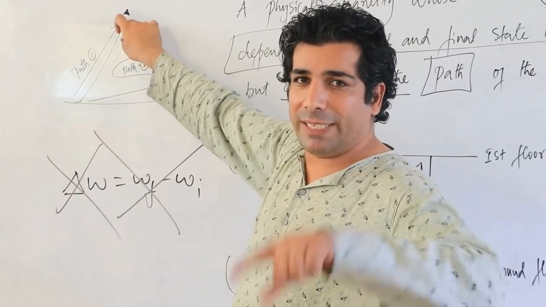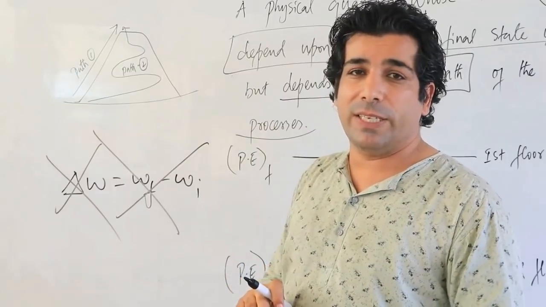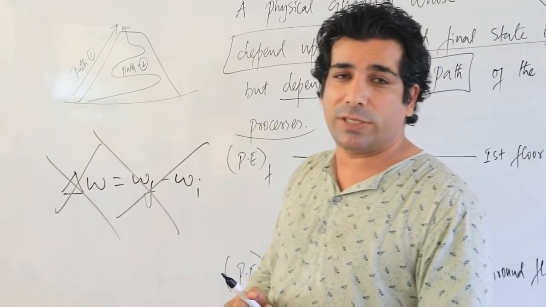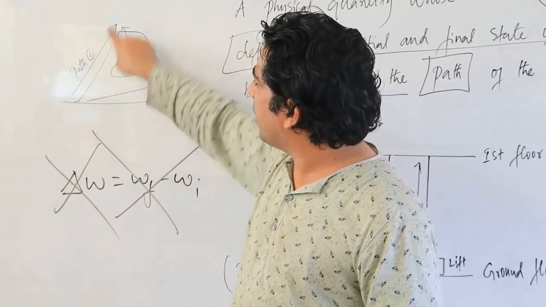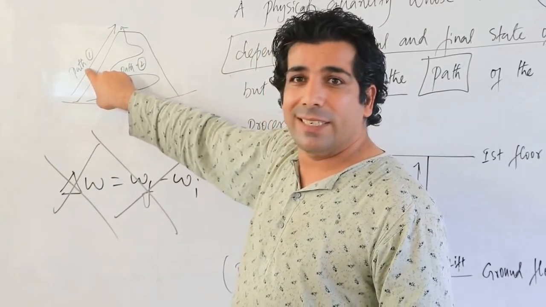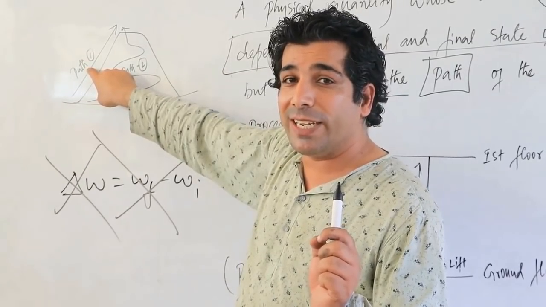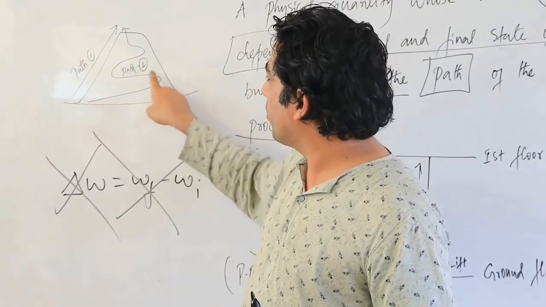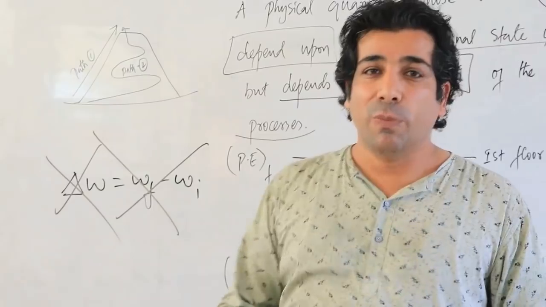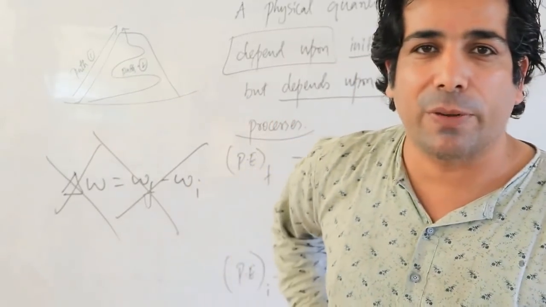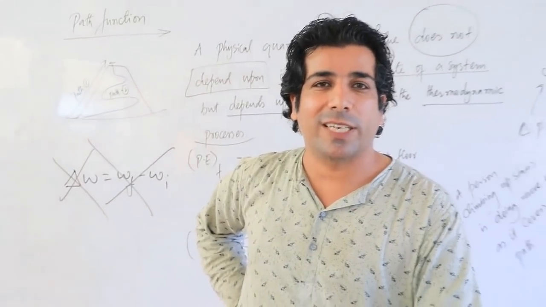We can take final potential energy minus initial potential energy. But work will not be a state function because work depends upon what? The path. Here a person is using a direct path, so the work done by this person is very little. But look at the path covered by the second person. Yes or no? That is more. So the more path you cover in a particular process, the more work is done by you. I hope you are understanding, my dear friends.